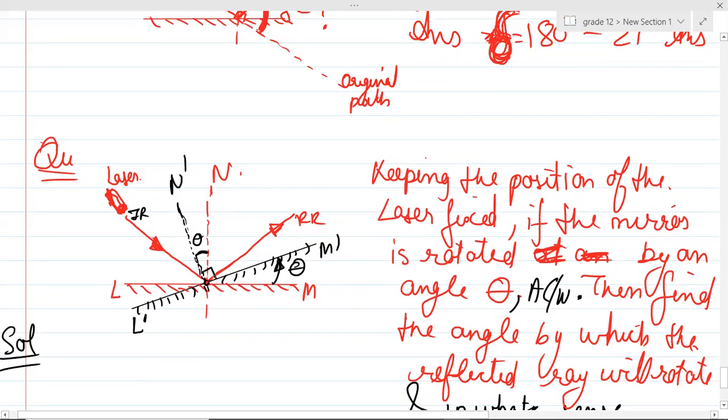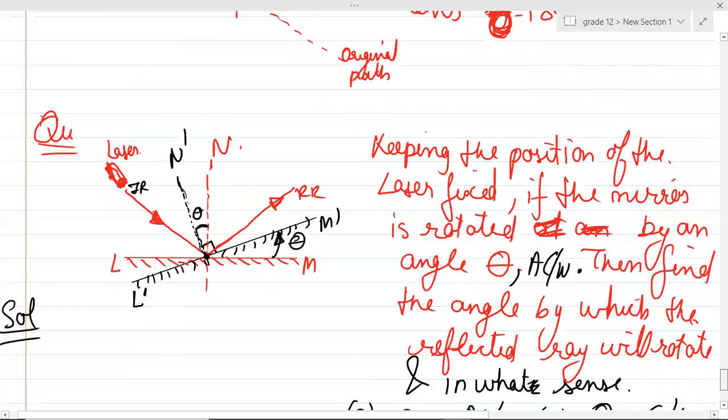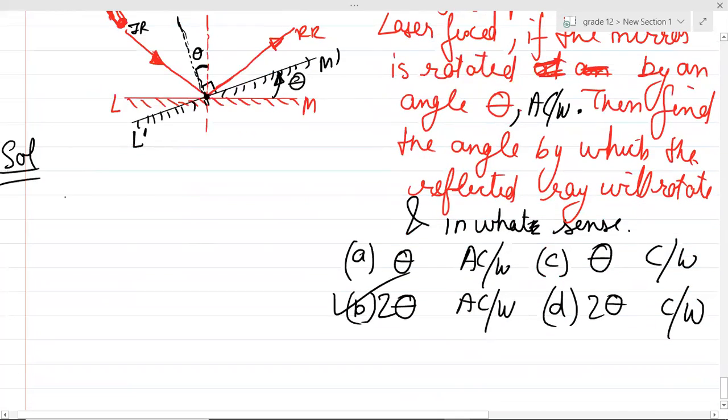This angle is 90 degrees. Now, can you see over here, initially this was the source from where the light is coming.